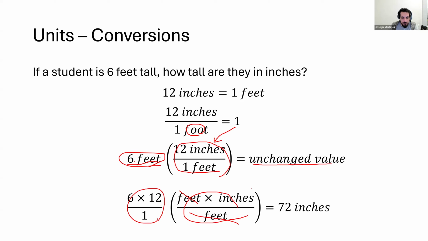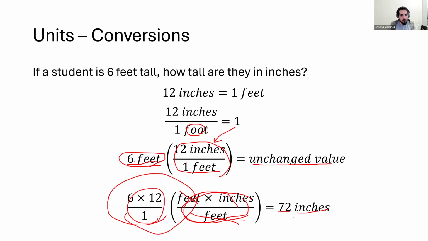Those will cancel out. And what we're left with is 6 times 12 divided by 1. That gives you 72. And then the feet cancel out, giving you inches. So we do our unit conversion by taking our numerical portion and our unit portion and just combining them together to give us 72 inches.